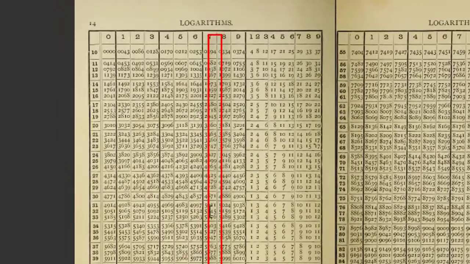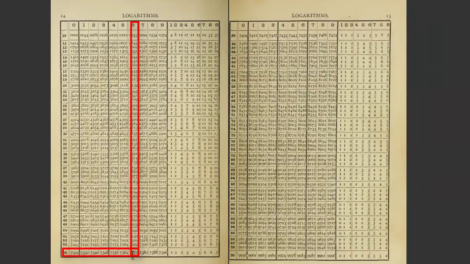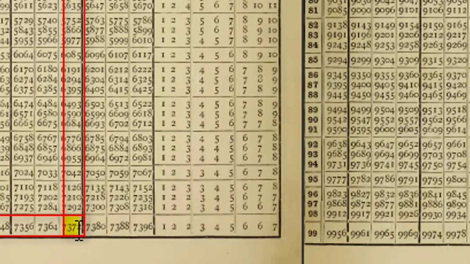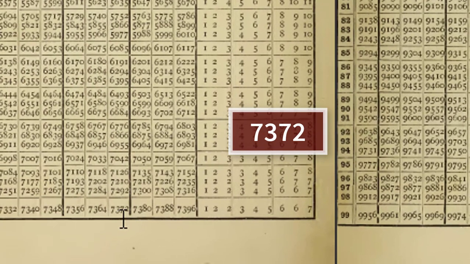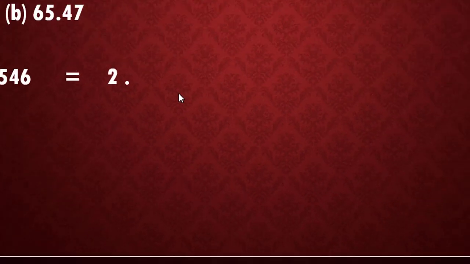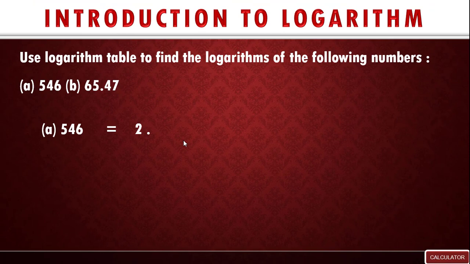This is 6 right here. If you trace it down, the meeting point of 54 and 6 is 7372. So from our log table we obtained that the log of 54 under 6 will give us 7372.